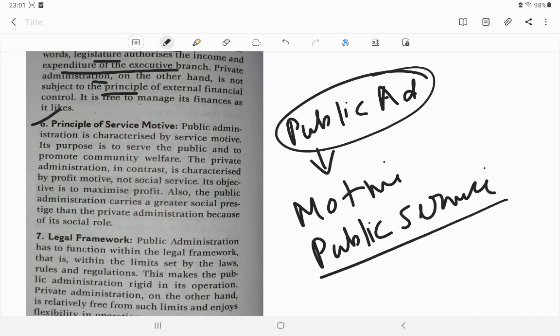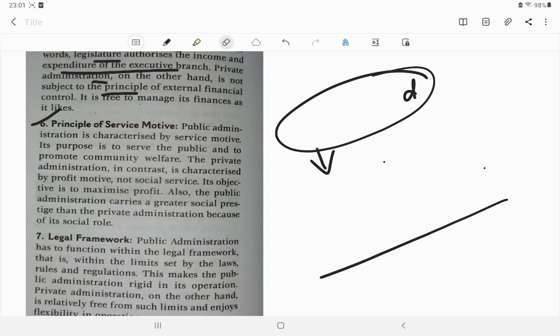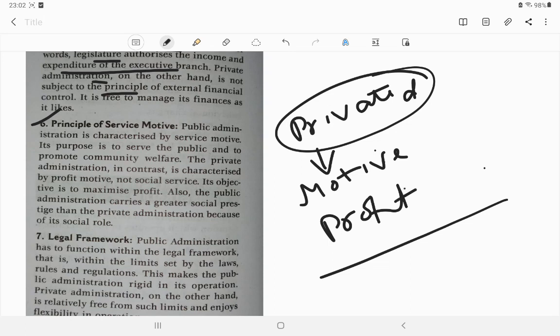The public administration's main motive is public service, whereas in private administration the main motive is what? Profit, meaning earning as much money as possible. So this is the answer.